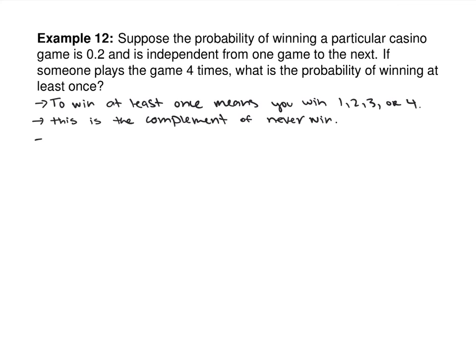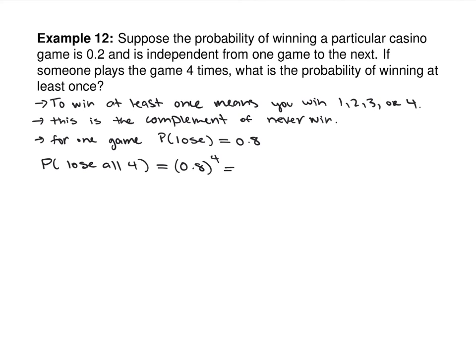So for 1 game, your probability of losing is 0.8. Probability of losing all 4 will be this 0.8 to the 4th, which comes out to be about 0.4096.